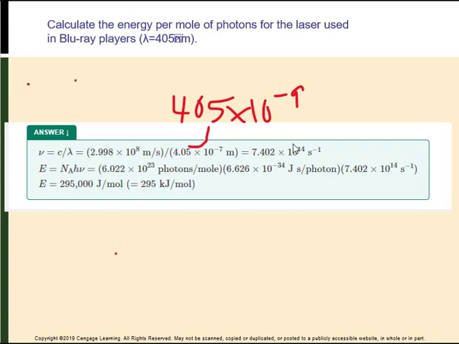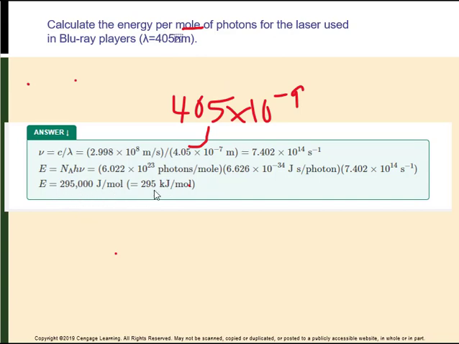So we took our answer for ν and multiplied it by h. And then when we got that answer, since we wanted per mole, we multiplied the whole thing by 6.022 times 10 to the 23rd. Given 3 sig figs up here, we should have 3 sig figs at our end, so 295,000 joules per mole.